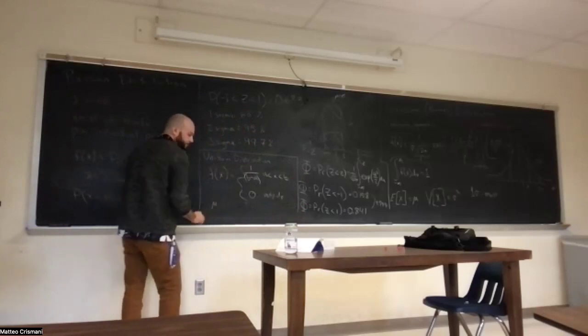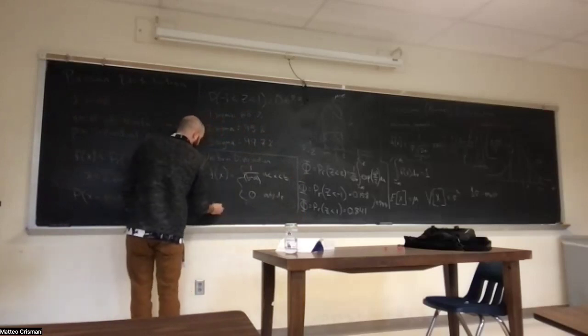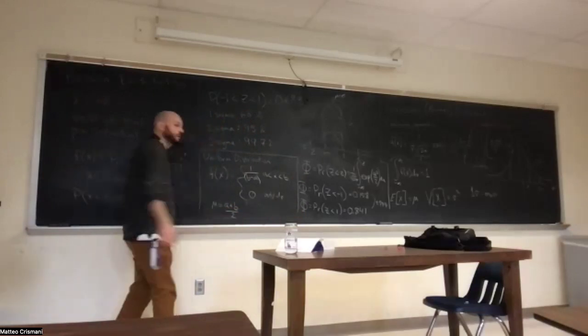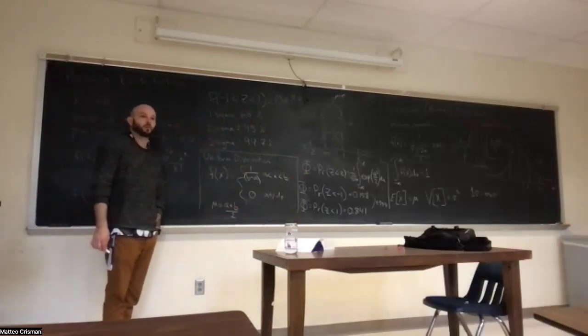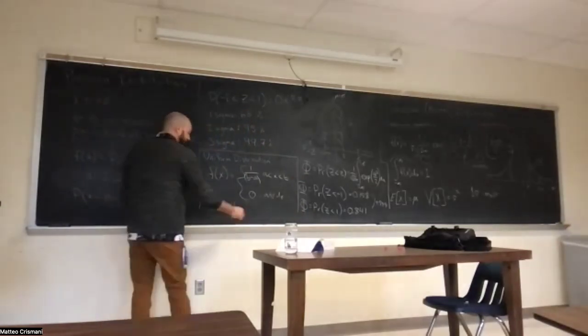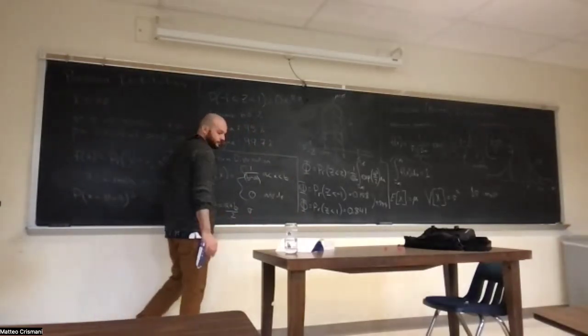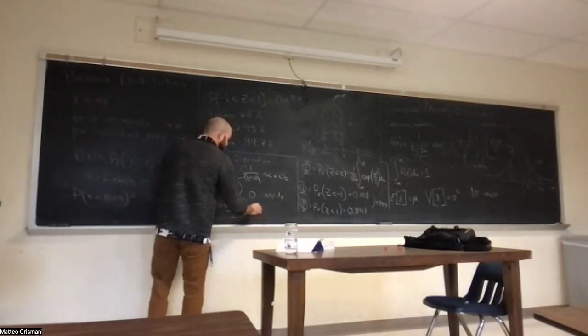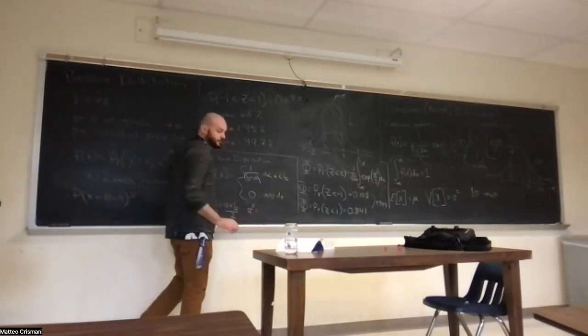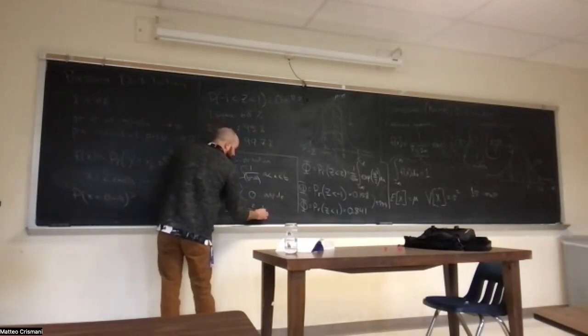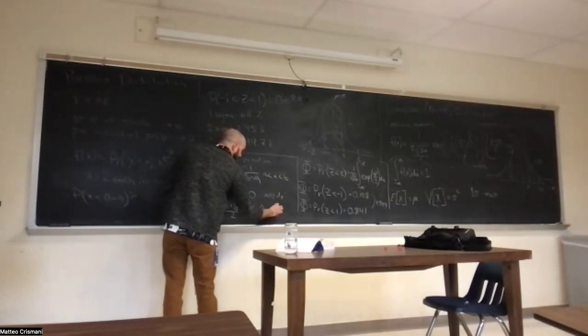What's the mean? It's A plus B over 2. That would be the average of the endpoints. What's the variance? Less obvious, but it's B minus A quantity squared over 12.